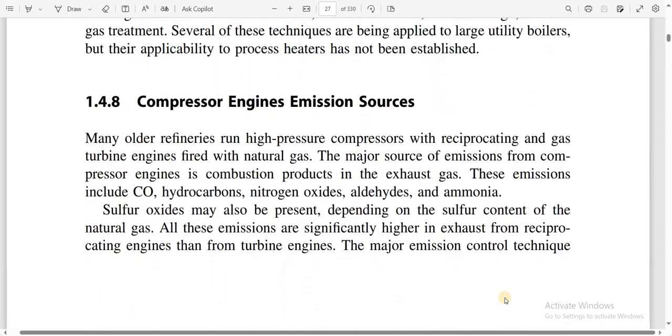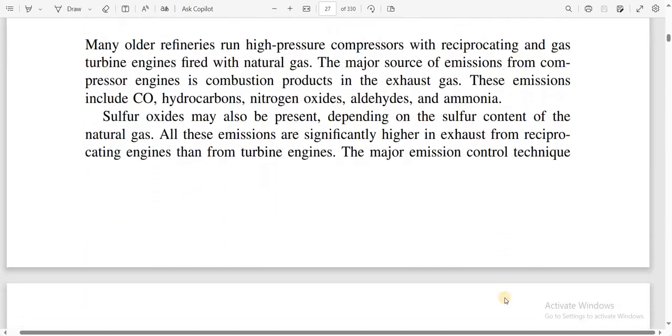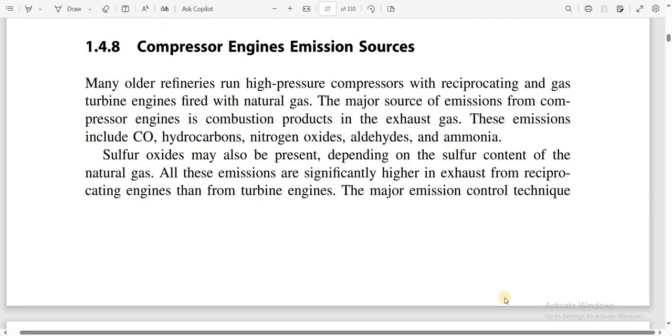Now let's learn about compressor engines too. Many older refineries run high pressure compressors with reciprocating and gas turbine engines fired with natural gas. The major source of emission from compressor engines is combustion products in the exhaust gas.